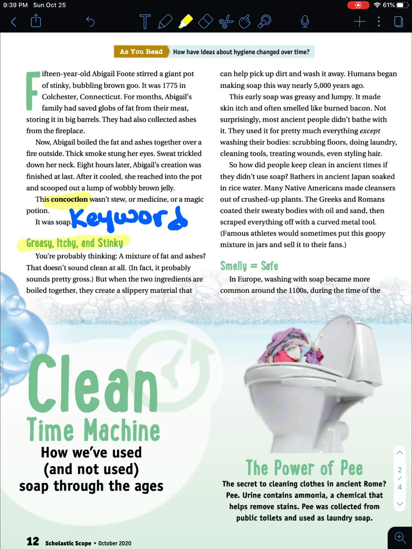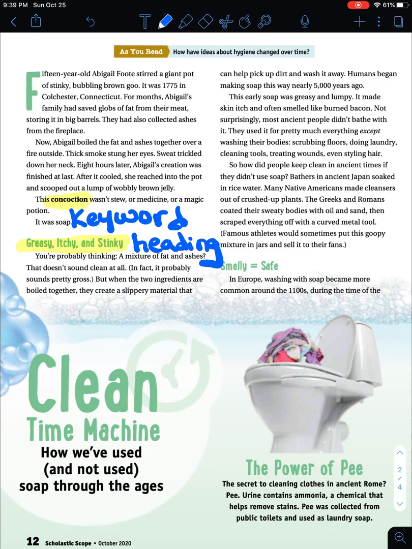Greasy, itchy, and stinky. All right. You can see that this is green. Now, not all headings, this is a heading, will be green, but they are going to be bigger and they're going to stand out from the rest of the text. And what our headings do is they tell us what to expect in the next bit of the paragraph.